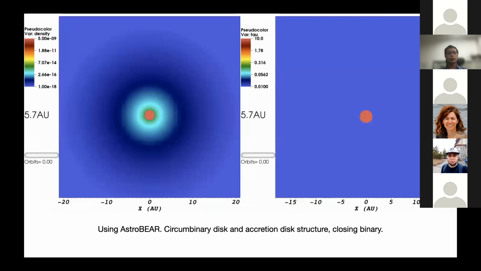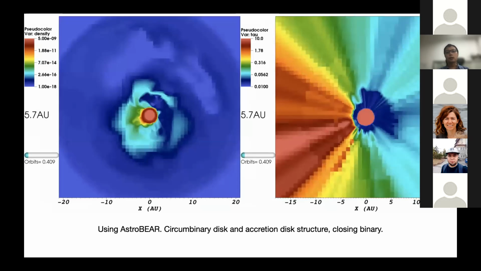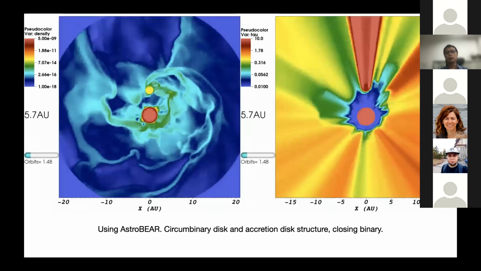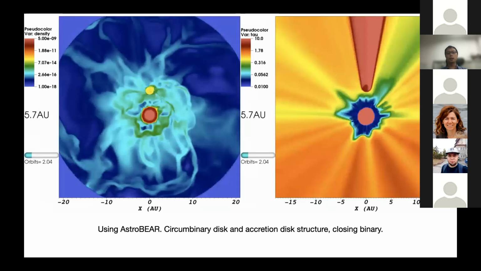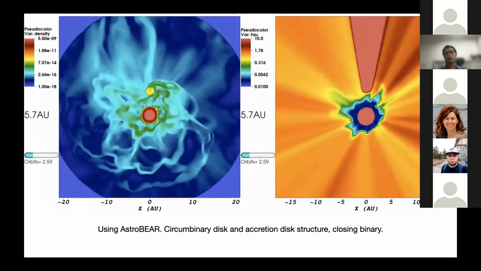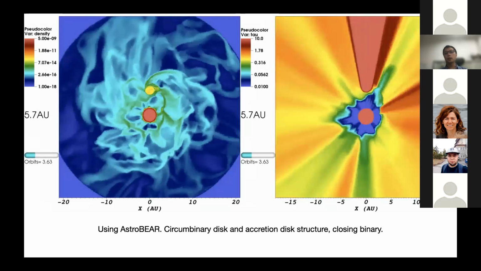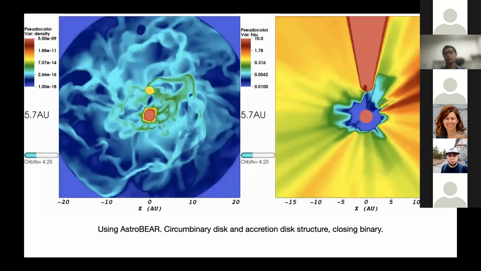As the simulation goes, the secondary accretes material from the AGB wind and forms an accretion disk. The accretion disk casts a strong shadow behind it.